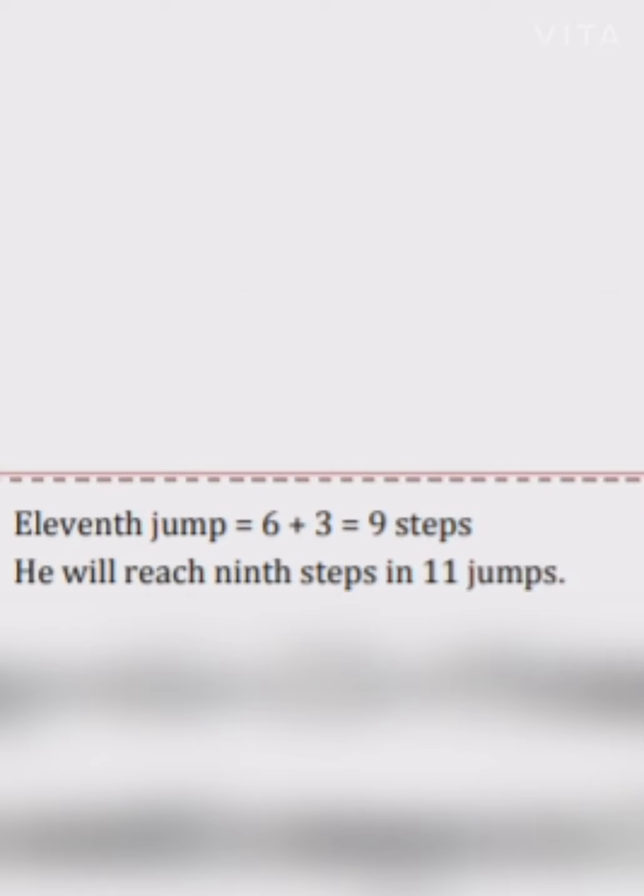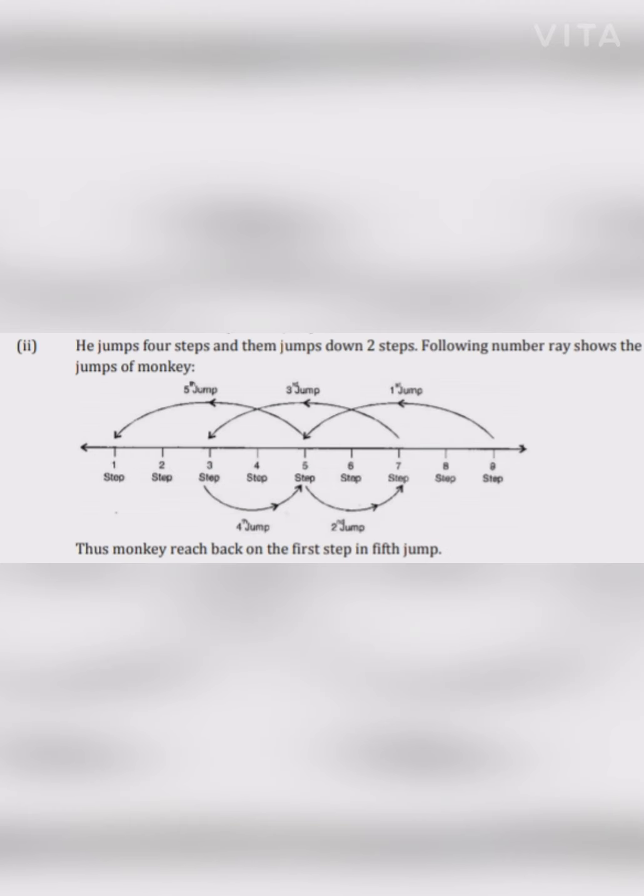In the second part of this question, after drinking water he wants to go back. For this, he jumps 4 steps up and then jumps back 2 steps down in every move. In how many jumps will he reach back the top step? He jumps 4 steps and then jumps down 2 steps. The following number array shows the jumps of the monkey.